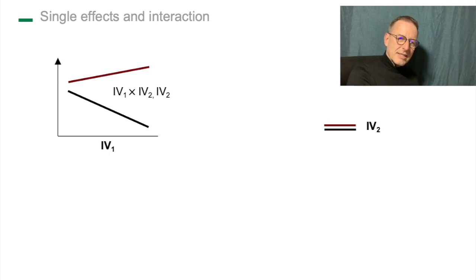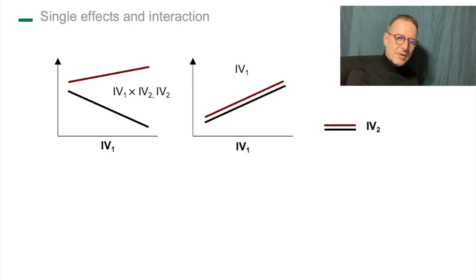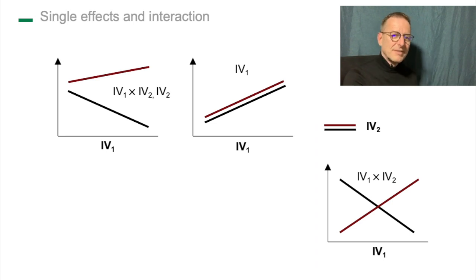And when you look at the second example on the middle upper side of this picture, you see that there is a strong effect of independent variable 1, but no effect of independent variable 2, or maybe just a slight effect. While with the next example, you have a strong interaction, really this cross, but there is no effect of independent variable 1 nor of independent variable 2, but there is a very strong interaction, right?